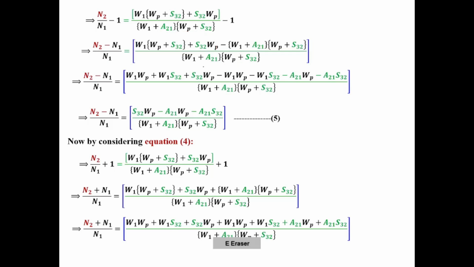Simple subtraction. Now we are going to go for the simplification. Here W1 WP, W1 into S32, S32 WP already there. Multiply these two terms, we can get W1 WP minus W1 S32 minus A21 WP minus A21 S32.